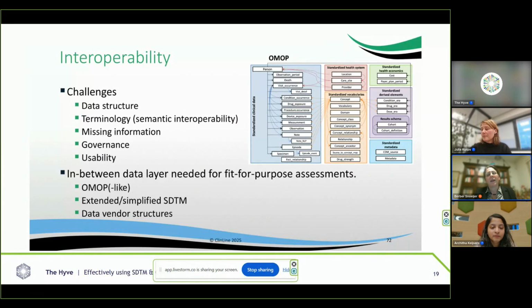So from source to CDISC, it's sometimes difficult, also because you may have different standards at the source, or you have FHIR, so then that in-between data layer is needed for fit-for-purpose. And I think that the OMOP standard is very helpful for that. Some companies do an extended simplified SDTM, which is also an option, or others that use only one data vendor use the data vendor structures, which are often very much alike OMOP.